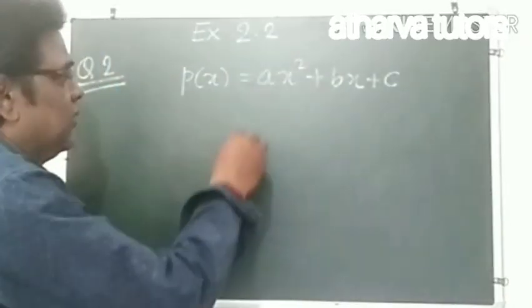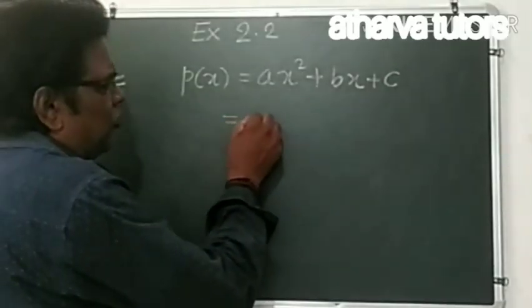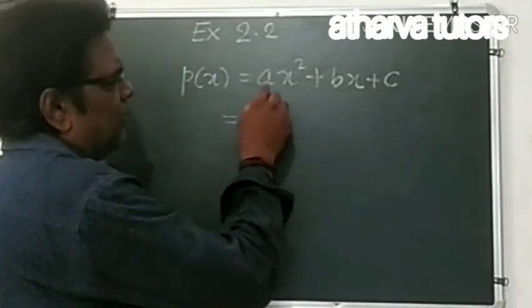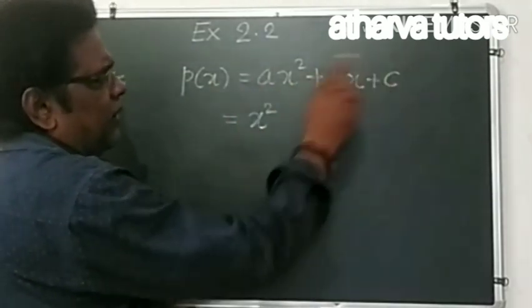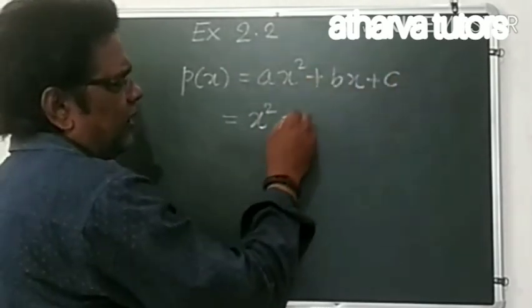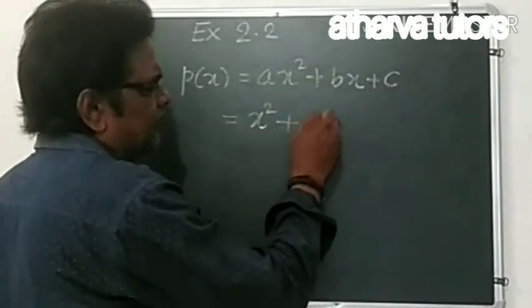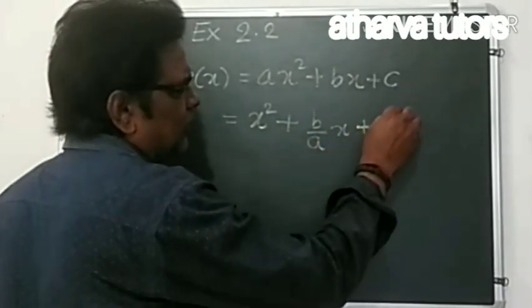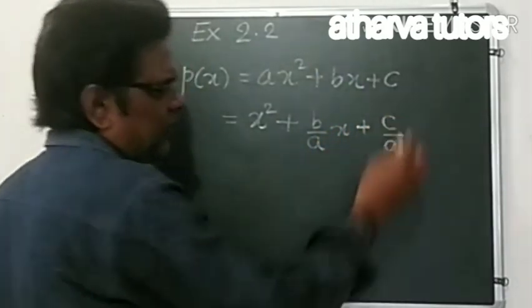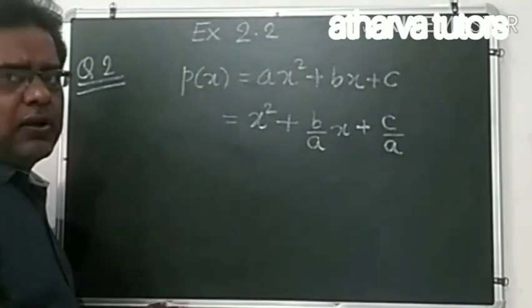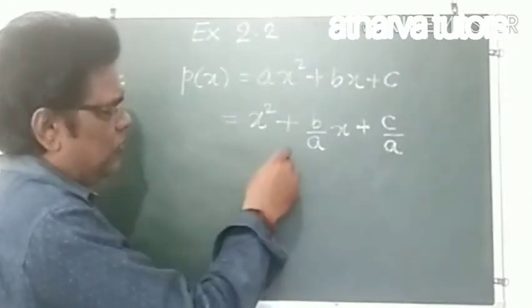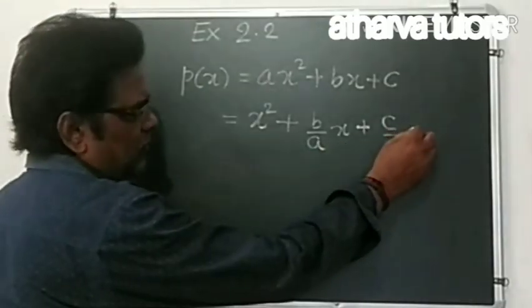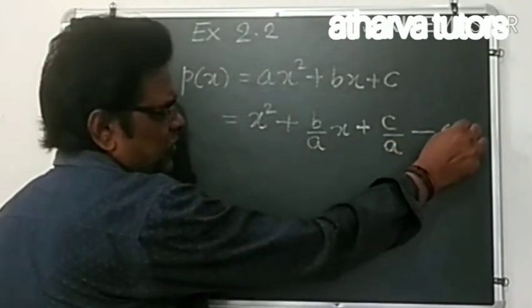Now, if I divide throughout by a, I can write x square plus b upon a x plus c upon a. Let this be equation 1.